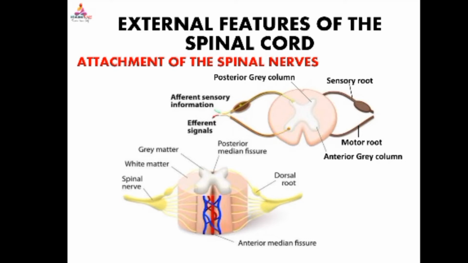The rootlets of the posterior root enter the dorsolateral aspect of the cord along the posterolateral sulci, whereas the rootlets of the anterior root emerge from the anterolateral sulcus or anterolateral aspect of the cord opposite to the anterior gray horn.